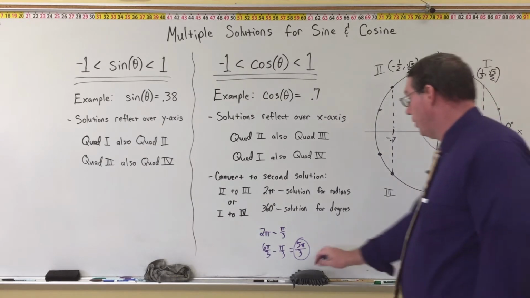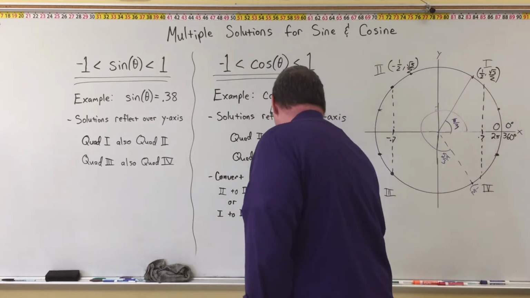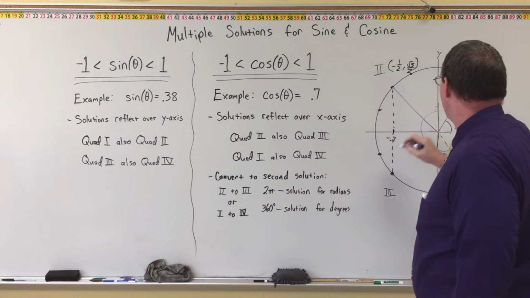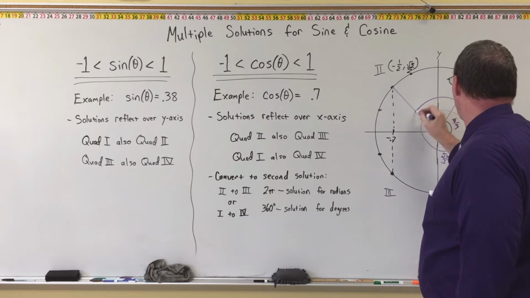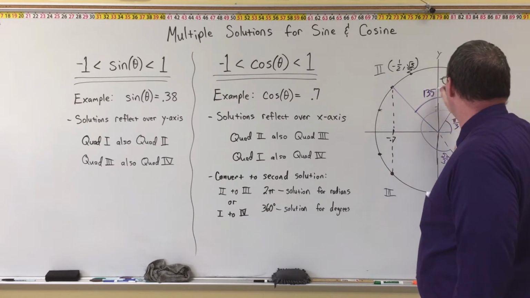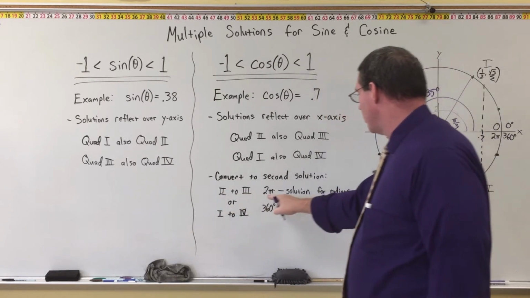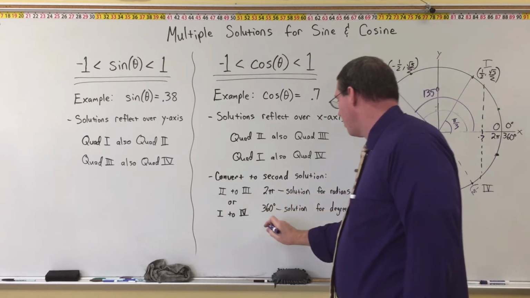Let's say we were going to do it in degrees. Let's say that we have an angle of 135 degrees, this angle right here, in quadrant 2. So to go to quadrant 3, I'm just going to do 360 minus 135.